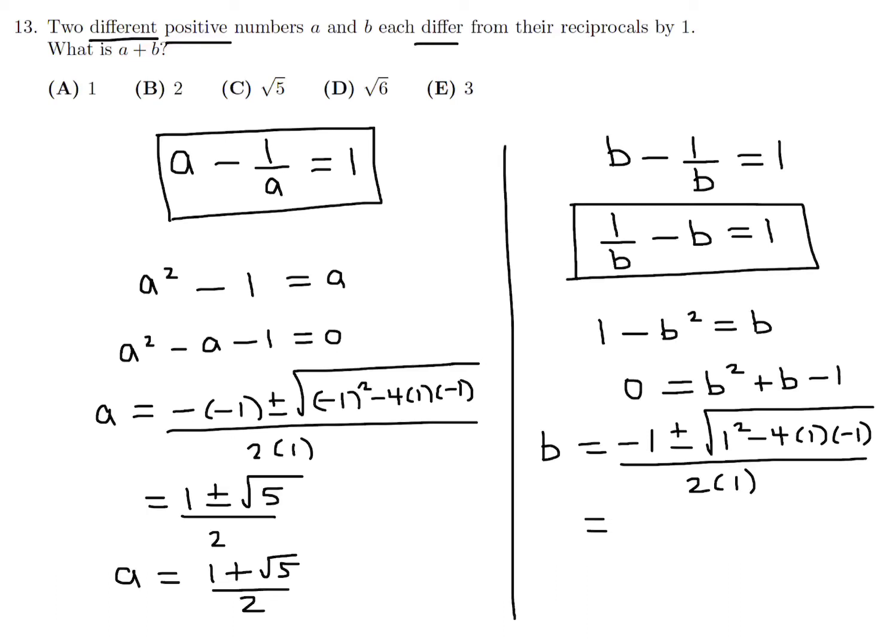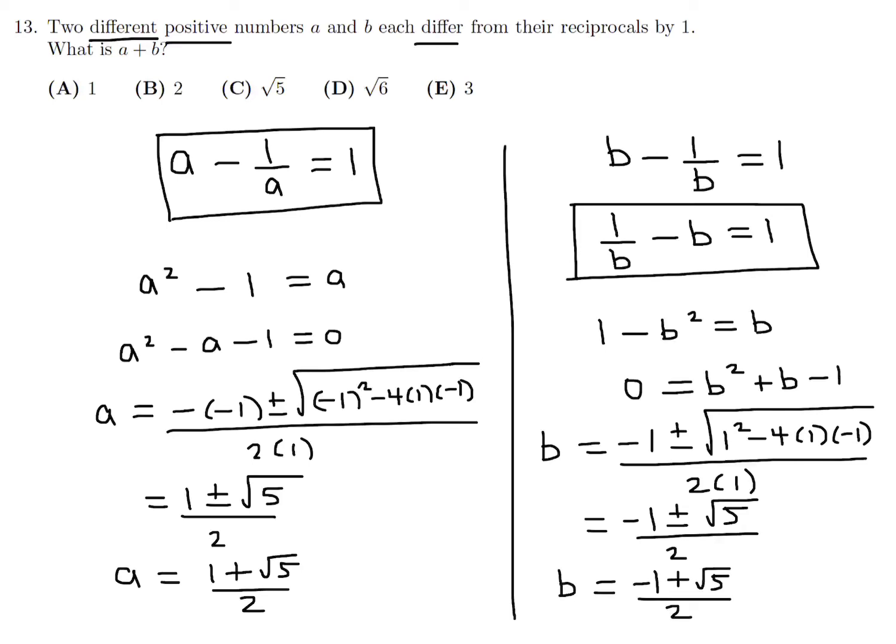So this becomes negative 1 plus or minus 1 plus 4. So we got root 5 again, and over 2. And very similarly, the 1 minus root 5 we can't use because a and b are positive. So the only one we can use is negative 1 plus root 5.